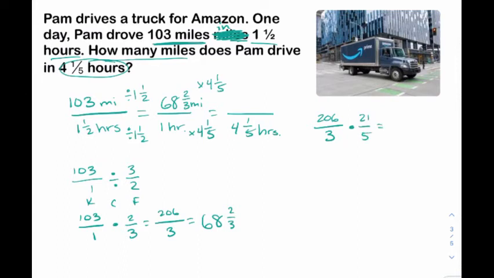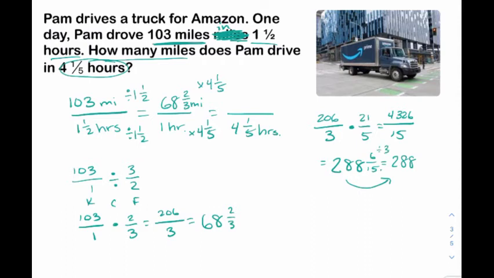206 times 21 equals 4,326. 3 times 5 is 15. Now 15 goes into 4,326 288 times. There are 6 pieces left over. But now let's simplify. I'm going to bring my whole number over. I can divide 6 and 15 by 3.